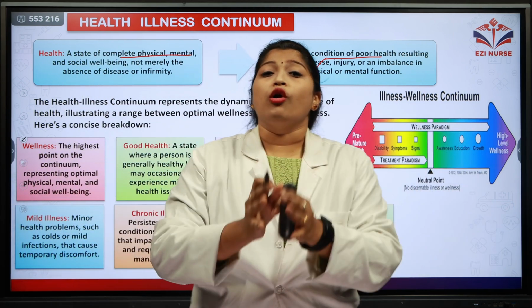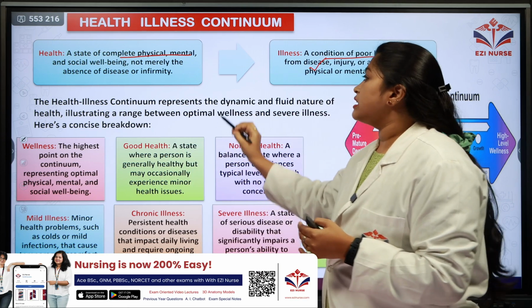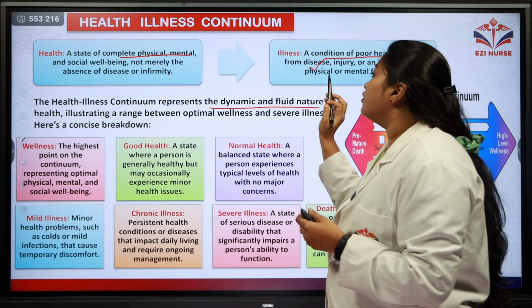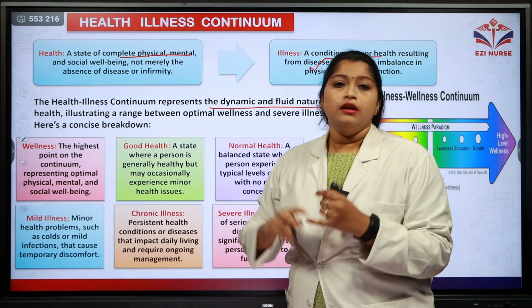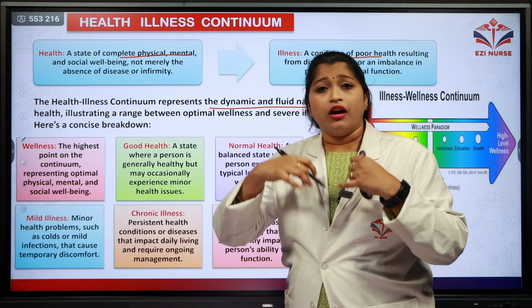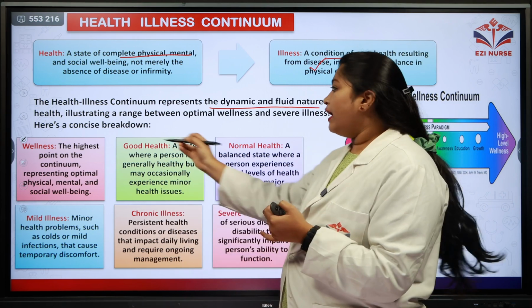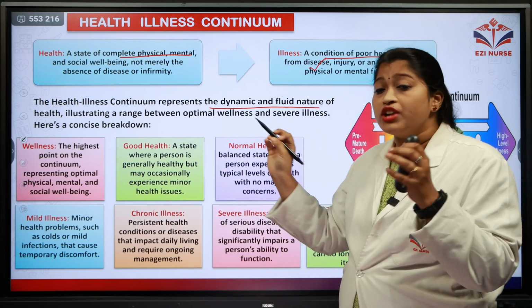So what is this concept of health and illness? It represents the dynamic and fluid nature of health. Health sometimes is very good for a few people, and chronic illnesses are seen in some people. So it is the fluid nature of health.